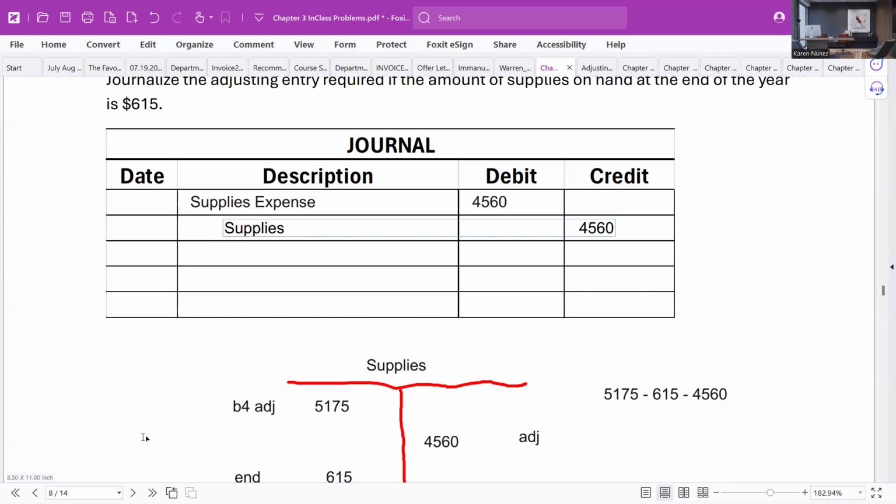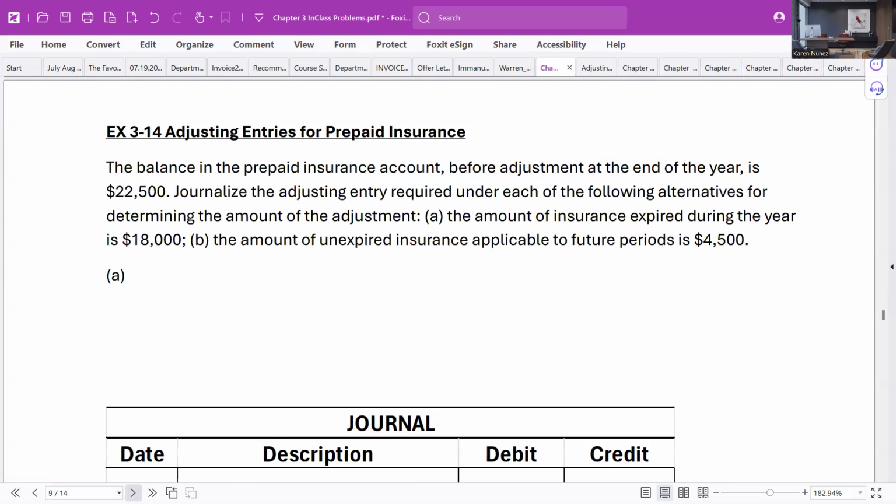Okay. Next, prepaid insurance. So on the same line as supplies, it's a deferred expense, right? We record it as an asset, and then we come back and in an adjustment, we recognize what we've used or what has expired. So in part A, we've got this insurance account.